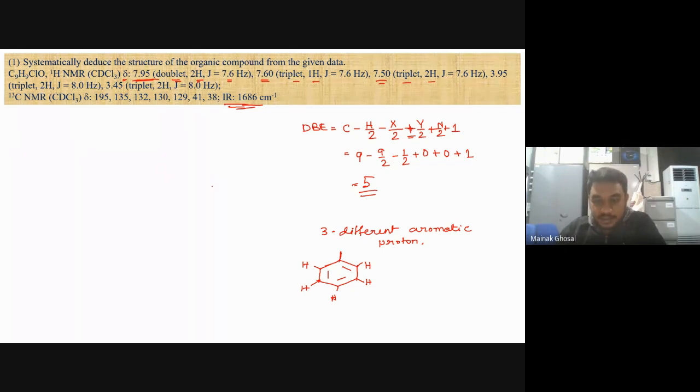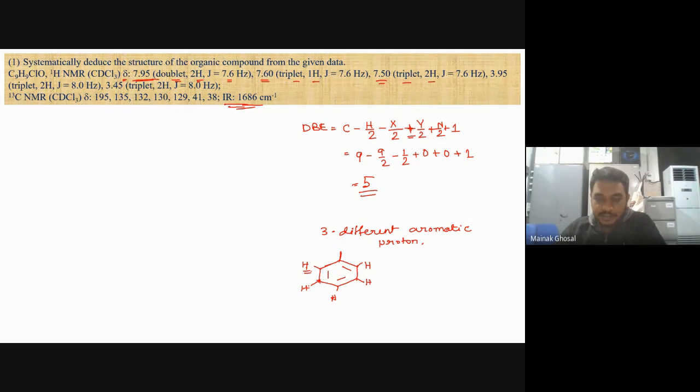Here this hydrogen and this hydrogen are similar for a monosubstituted compound; this is similar, this is different. So this will be a doublet because one hydrogen is adjacent. So a two hydrogen doublet.